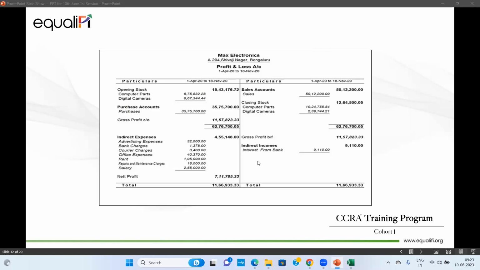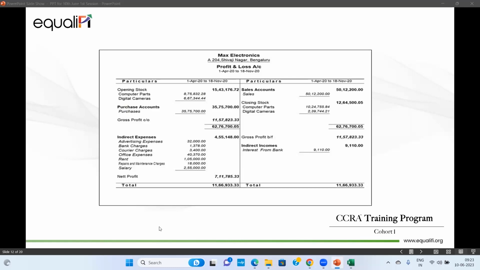So can you see one thing? The highest indirect expense is 2,55,000. If I break it up, I can easily see the components of indirect expenses. The first highest one is salary. Next one is rent.